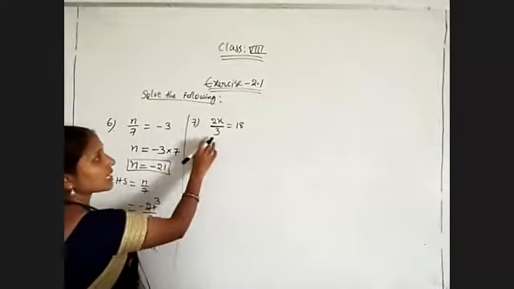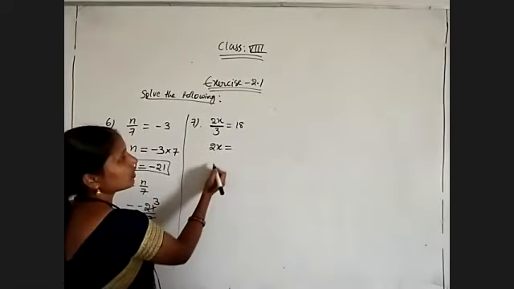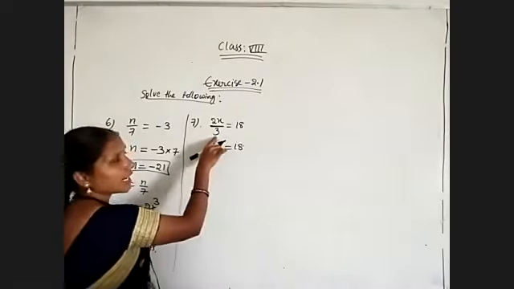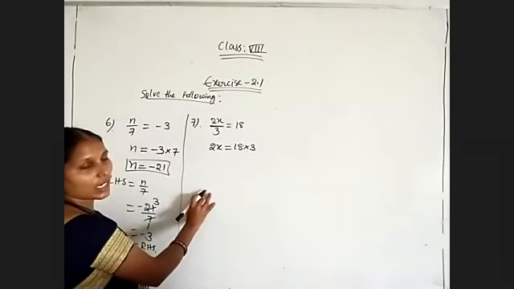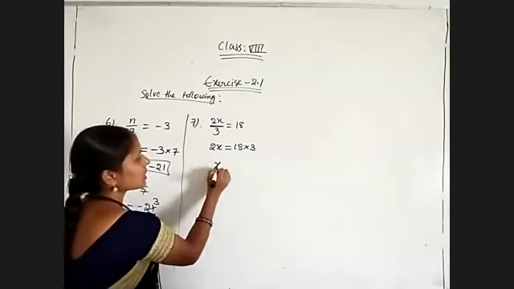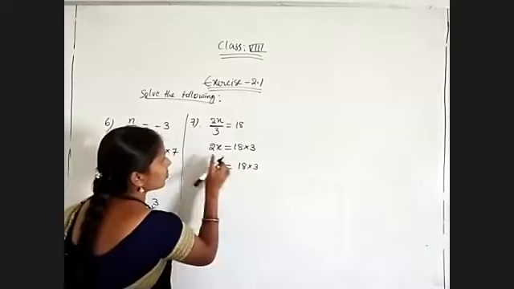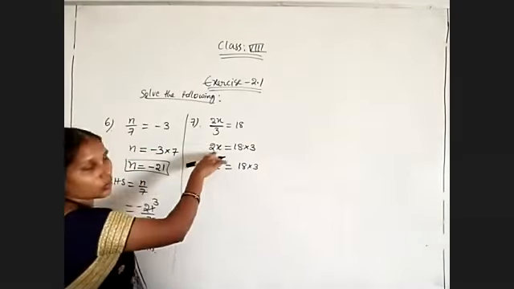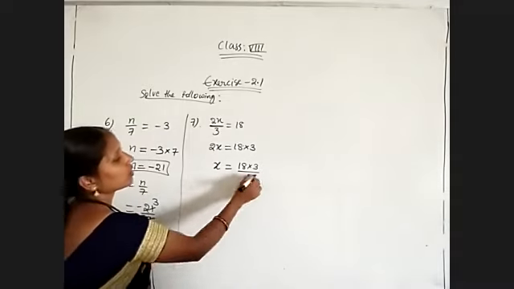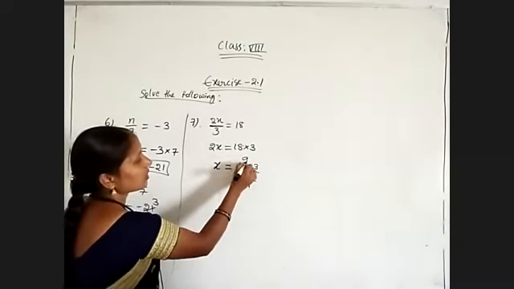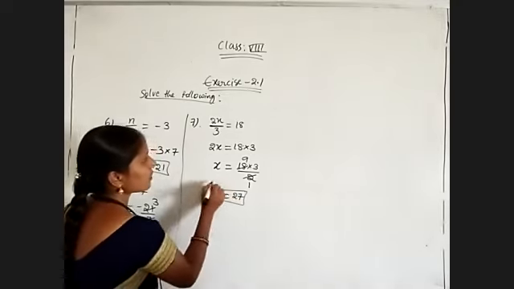So transpose the division. 2x is equal to 18 into 3. The 3 in division becomes multiplication. Now x is equal to 18 into 3, divided by 2. Here we have 2 in multiplication, and by bringing it to this side, it will become division, divided by 2. 2 ones are 2, 2 nines are 18. So x is equal to 9 threes are 27. So this is one way.